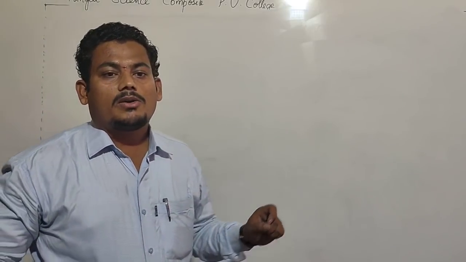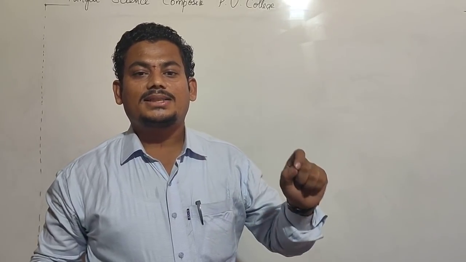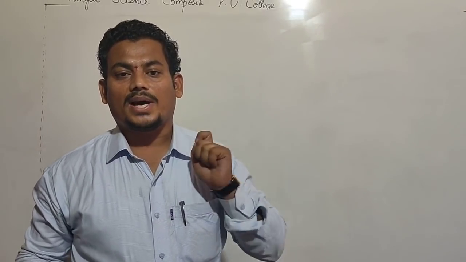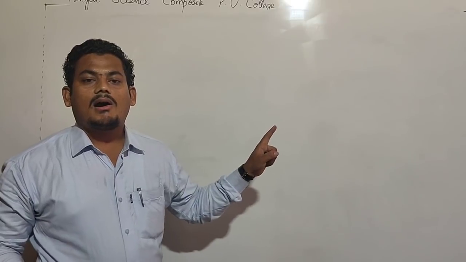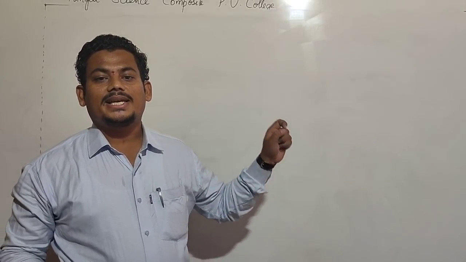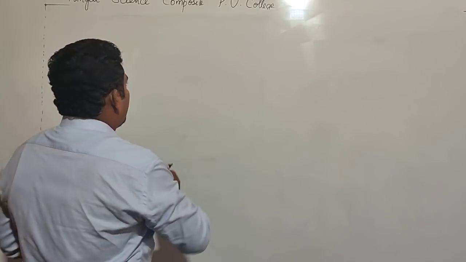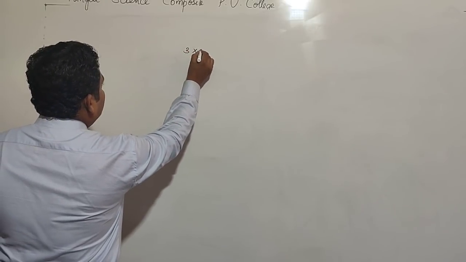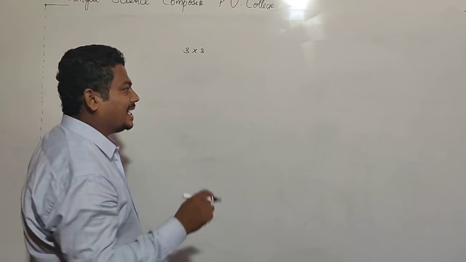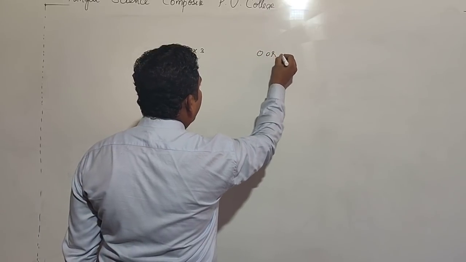Next problem. Find all the possible matrices of order 3 cross 3 with each entry either 0 or 1.